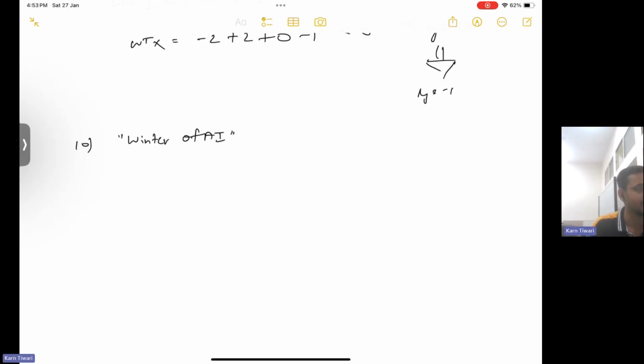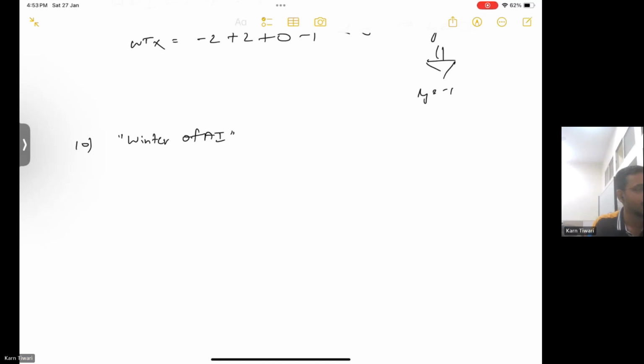So that's the wrong answer. The phase marked by decreased funding and interest in AI research. Winter of AI, what happens in winter? You want to do something but you can't go out, something like that. So as of now, I think B is the correct answer.